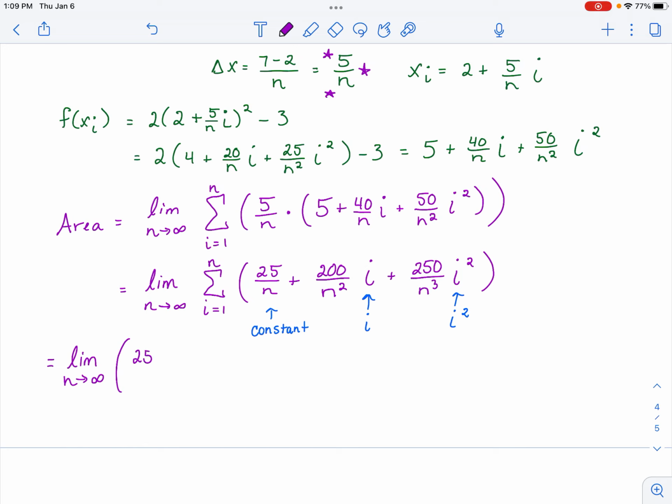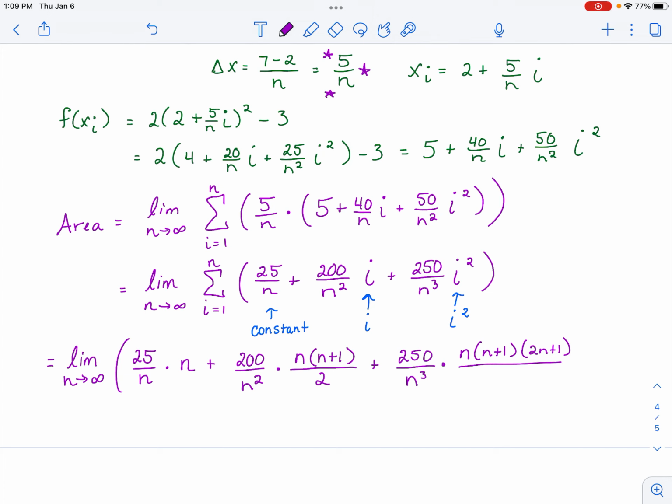So a constant is the constant times n, and then 200 over n squared is a constant. i is n times n plus 1 over 2. And then the 250 over n cubed is a constant. Constant times i squared. The i squared is n plus 1, 2n plus 1, all over 6.